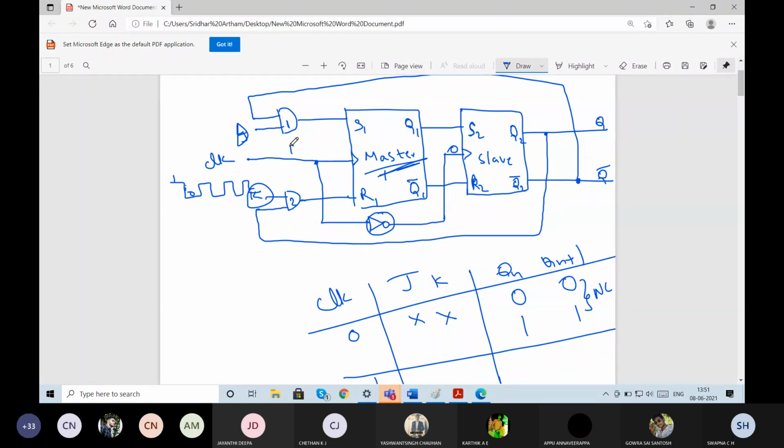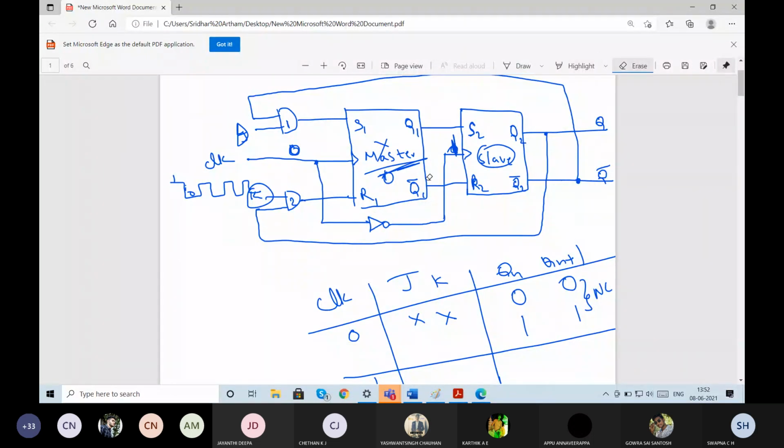But when clock is 0, the master will get clock value 0 and will be inactive, meaning there won't be any change in its outputs. But when clock is equal to 0, the clock input to the slave becomes 1, because I'm using an inverter here.